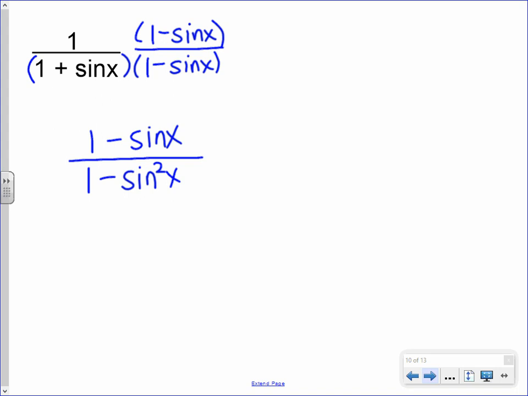Rearrange that in your head. What would that be the same as? Cosine? Cosine squared.